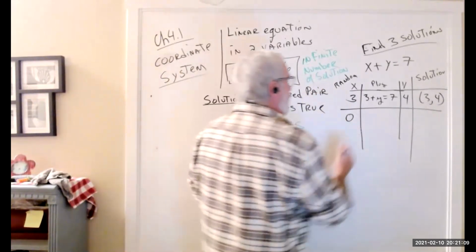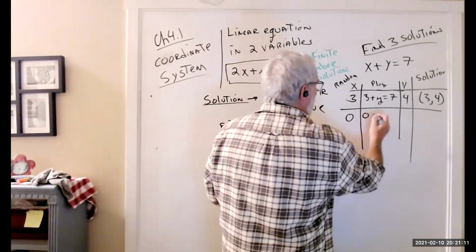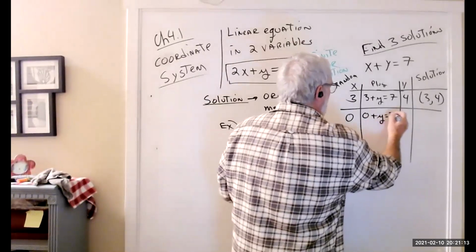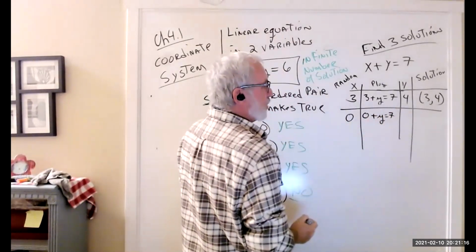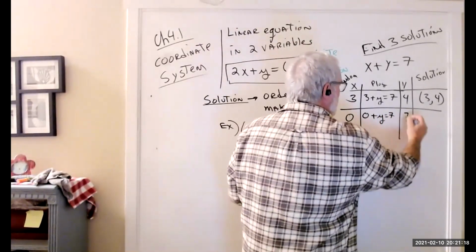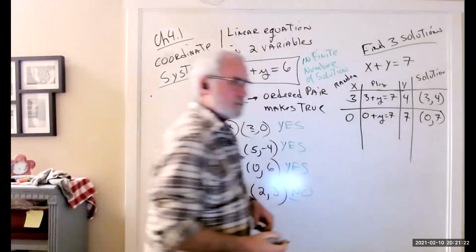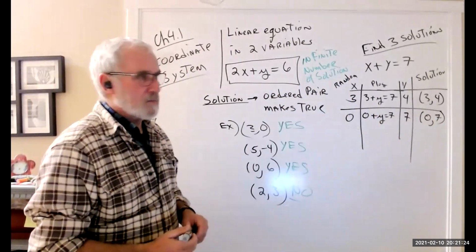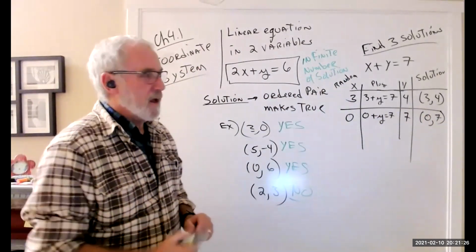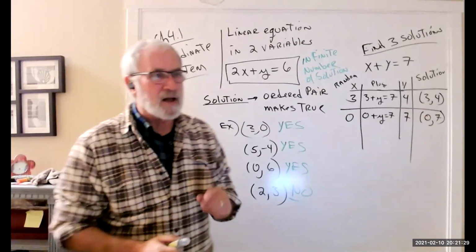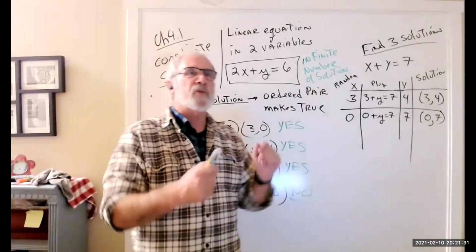Plugging in 0 for X is a real easy problem to solve. So we have 0, 7. 1 is pretty easy too. Okay, except I'm going to ignore you because there's a hidden thing.